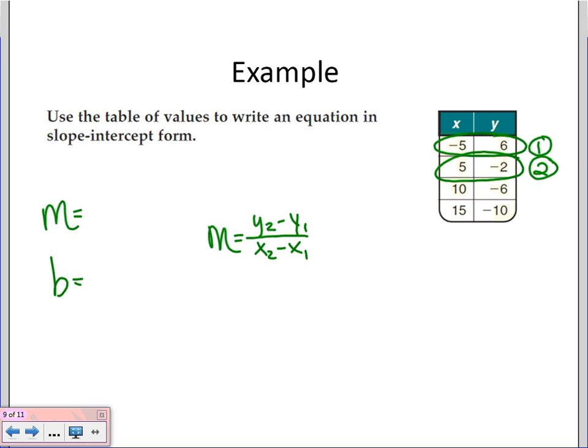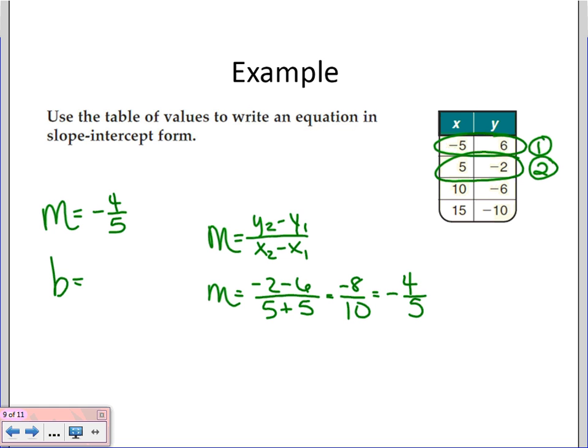So here we go. I'm going to plug in y2 minus y1, which is negative 2 minus 6, over x2 minus x1. 5 minus a negative 5 becomes a plus 5. And we get negative 8 over 10, which is just simply negative 4/5. So our slope here is negative 4 over 5.